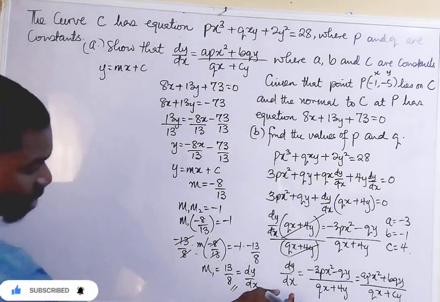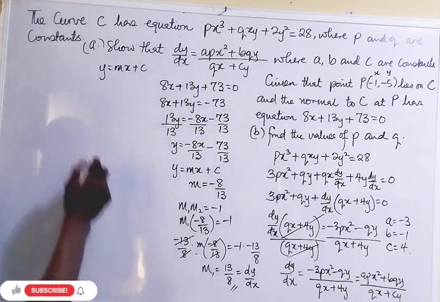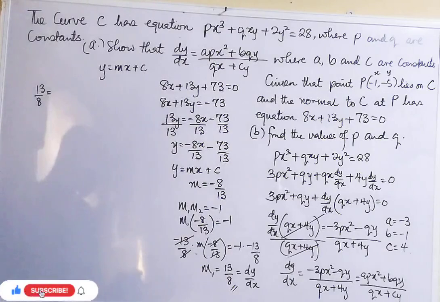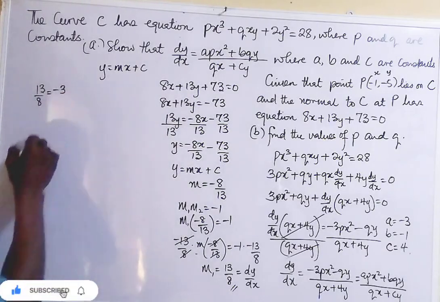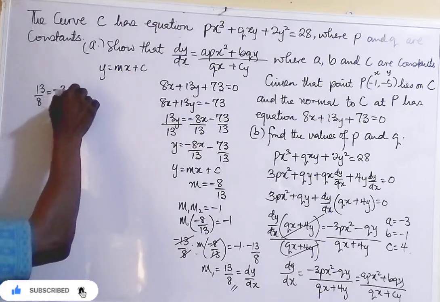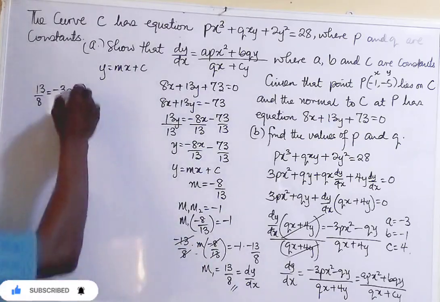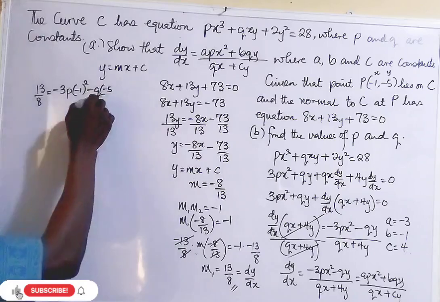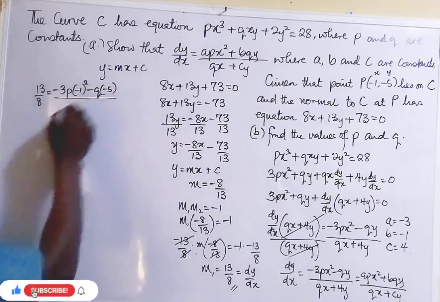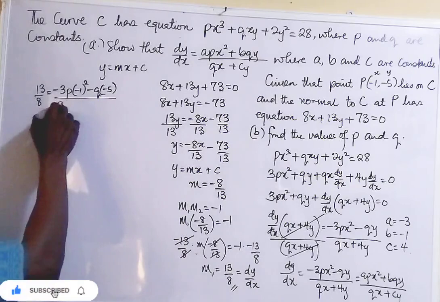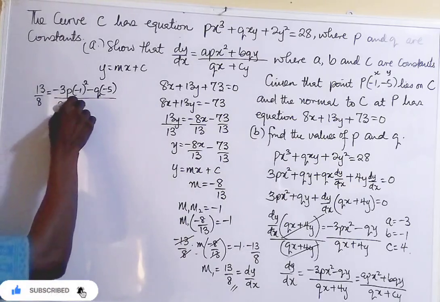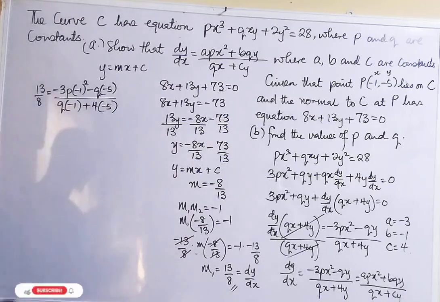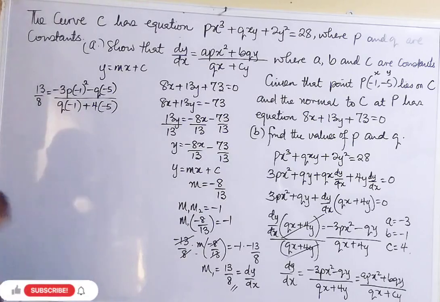Take note that dy/dx already is 13 over 8. So here we have 13 over 8 equals negative 3p into negative 1, raised to the power of 2, then minus q into negative 5, all over q into negative 1, then plus 4 into negative 5.